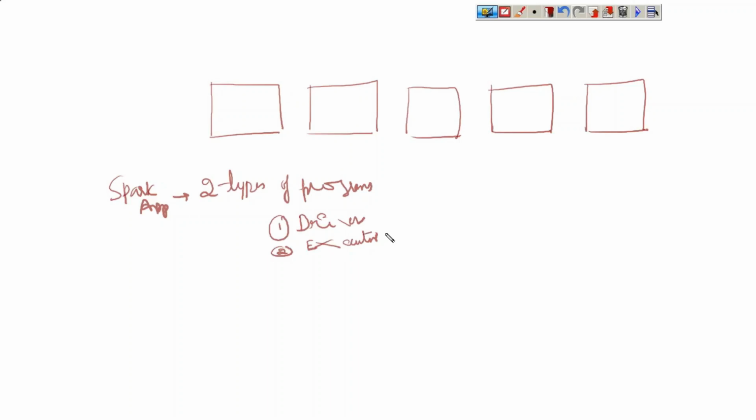That's whether it is a YARN cluster or any cluster. It need not be only one cluster. It can be a YARN cluster, a standalone cluster, a Mesos cluster, any cluster. When we submit a Spark application to any cluster, two types of programs will be created.